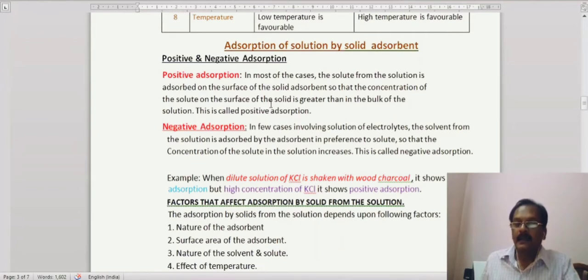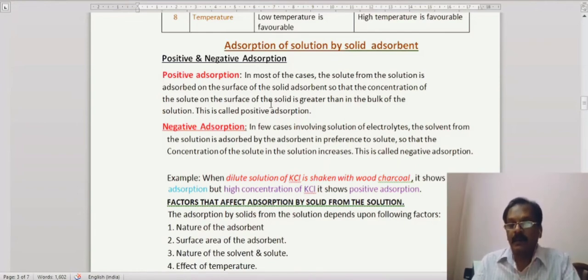That is the Freundlich adsorption equation, which tells that the amount of adsorption of a substance on the surface of the adsorbent depends on the concentration. Based on that, the extent of adsorption of either solute or solvent on the surface of the adsorbent depends on the concentration.